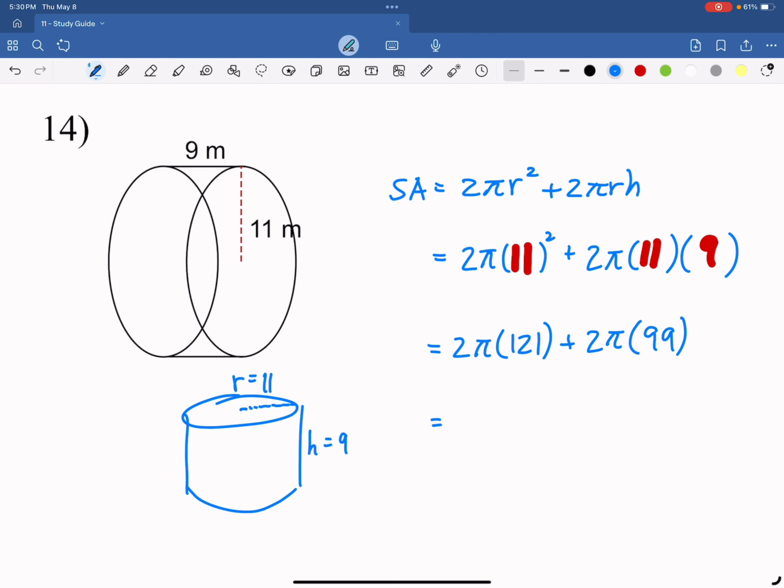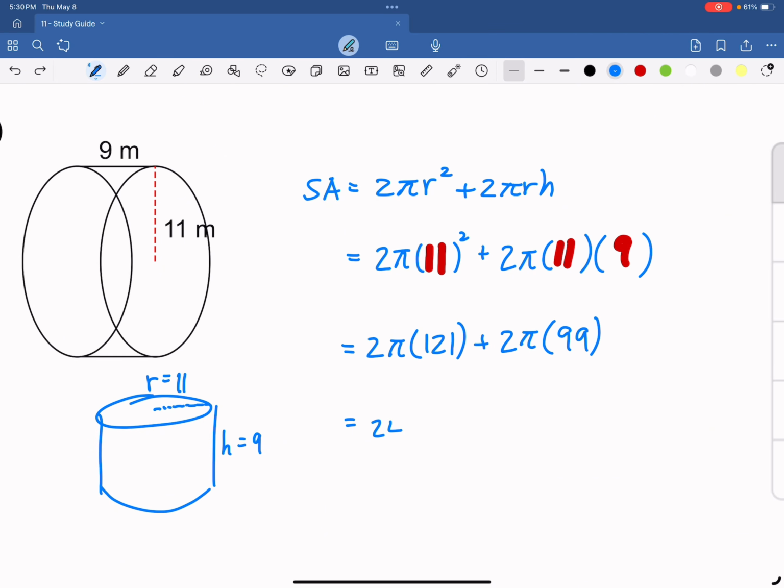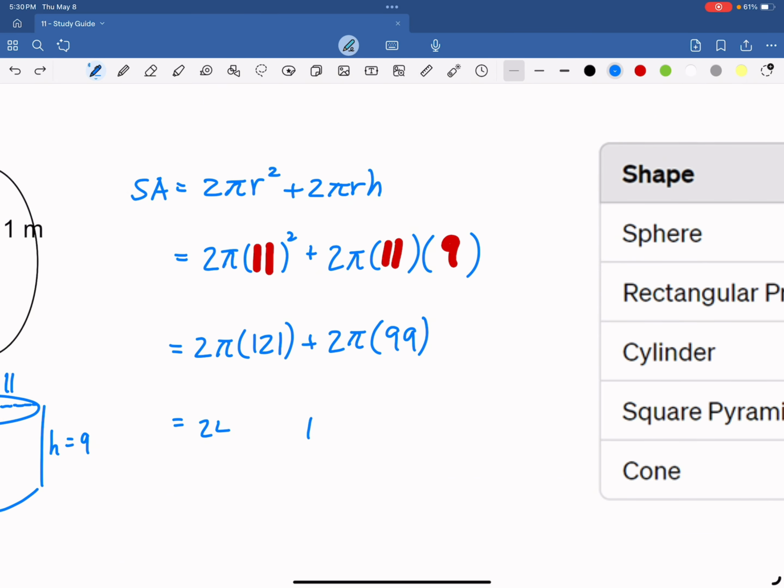That's going to give you 242 pi plus, I'm ashamed to admit, I don't know 99 times 2 off the top of my head. That is 198 pi. And if you add up those two numbers, you should end up with 440 pi.